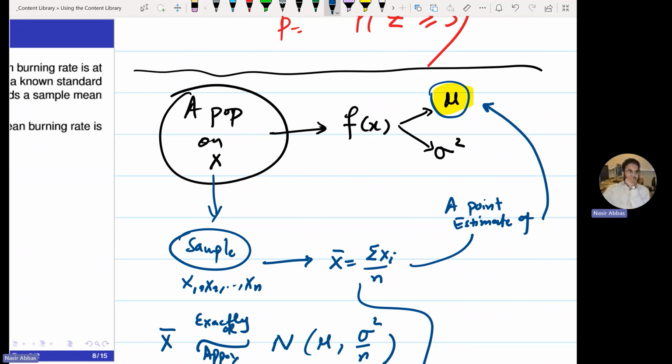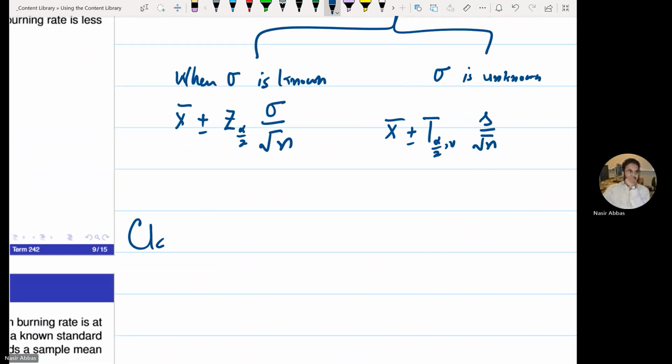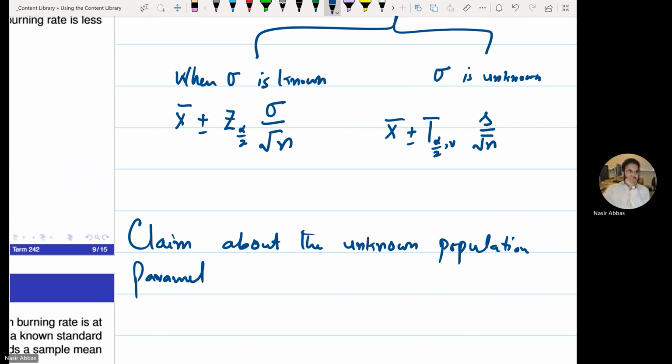These claims are called hypotheses. And the procedure of testing whether this claim is true or not is called hypothesis testing.